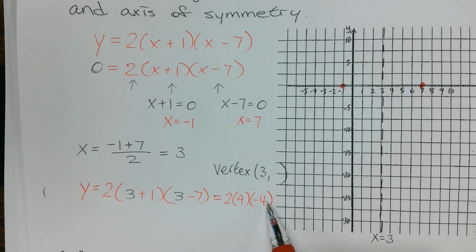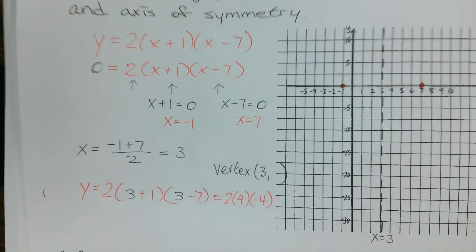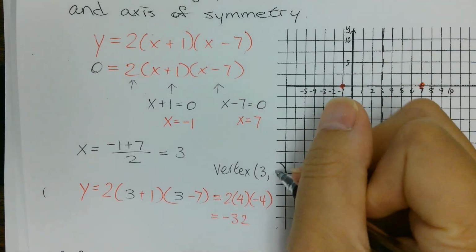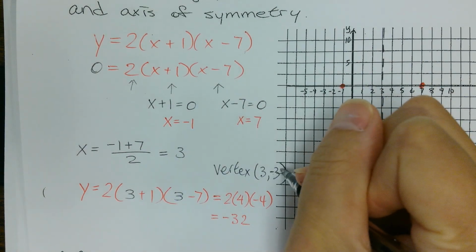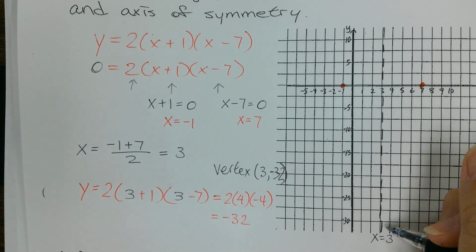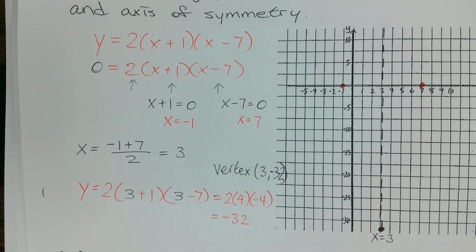So 2 times 4 times negative 4, you get negative 32. So your vertex is (3, negative 32). And that's why I had the graph set up like this, about right here. Okay. And there you go.